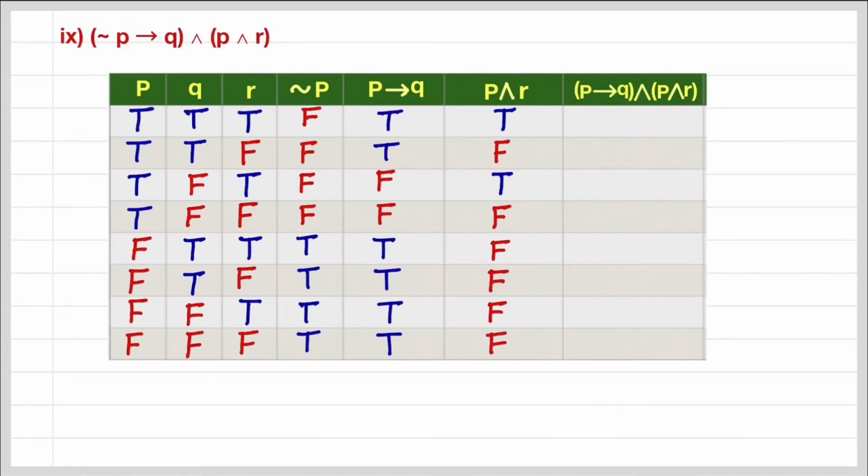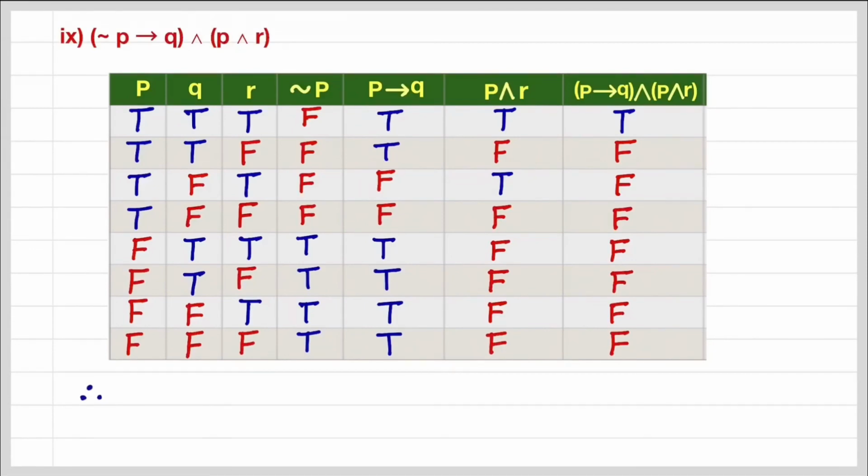Now we have to take conjunction again of these two statements, P implies Q and P and R. When both the statements are true, conjunction is true, otherwise it is false. This condition is satisfied at the first entry only. So the first entry is true and all other entries are false. Observe the last column.